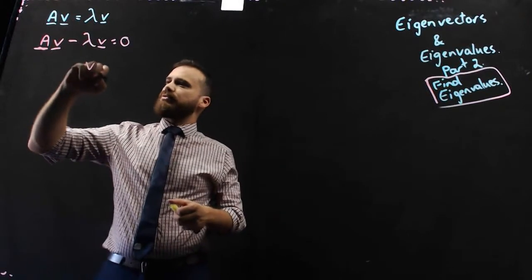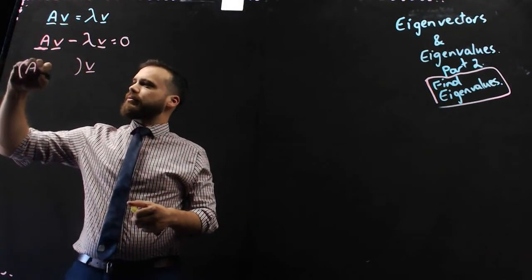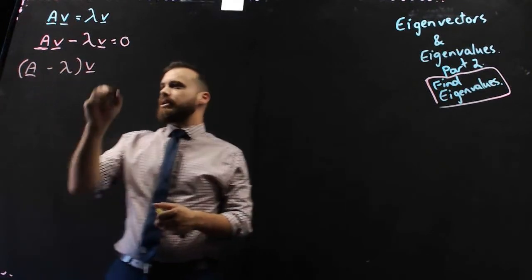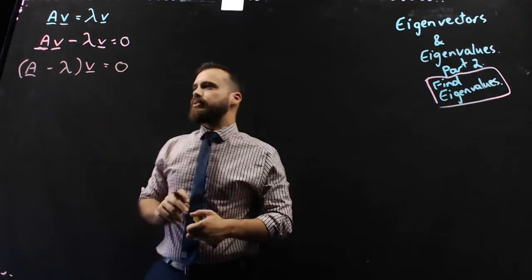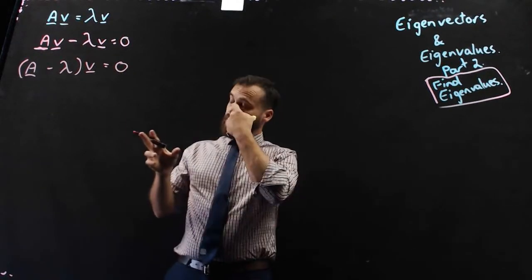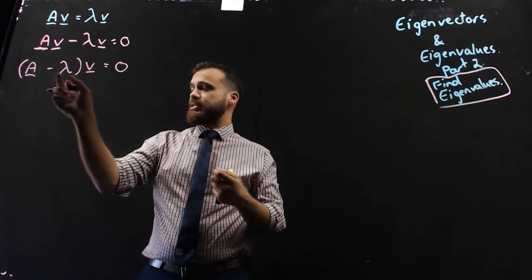So I can move my vector on the outside and I can make that (A minus lambda) v is equal to 0.